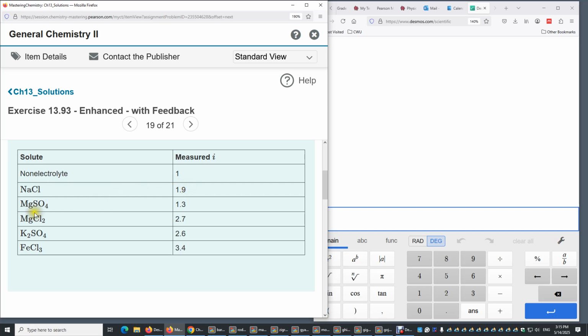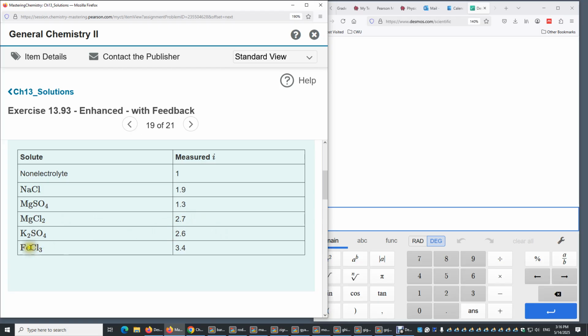Over here we have magnesium 2 plus and sulfate 2 minus. With more charges on these ions, this value deviates from 2 more significantly. Magnesium chloride decomposes in water and forms 3 particles. This is close to 3, so is this one.